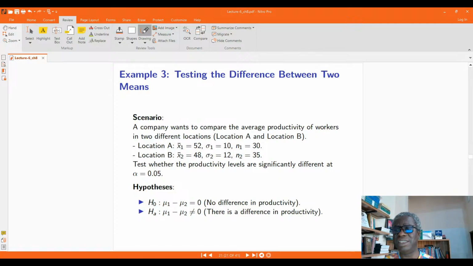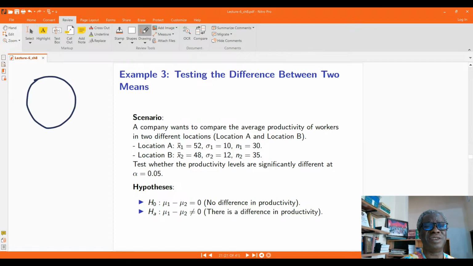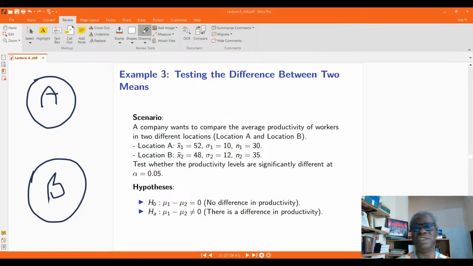Workers that are in location A, so you have some workers in location A, and then workers in location B. So they represent those in location A, those in location B. The company is interested in comparing the average productivity of the 2 groups.